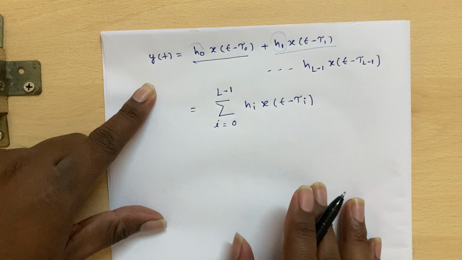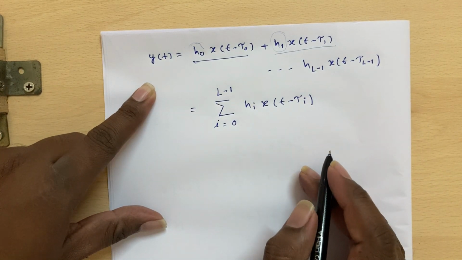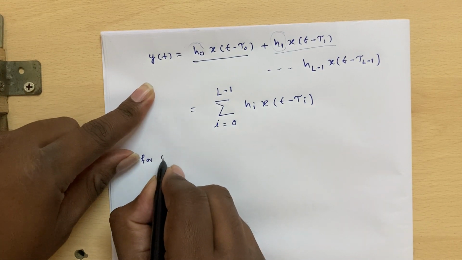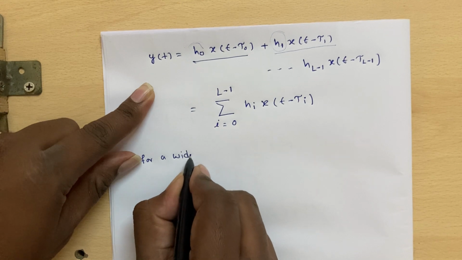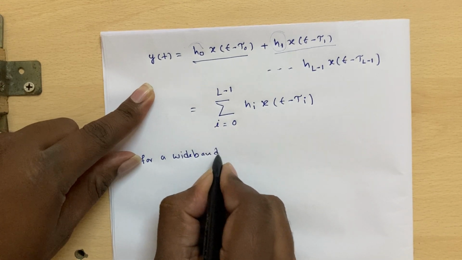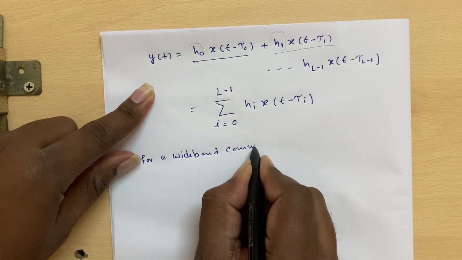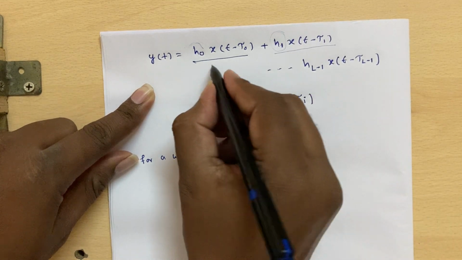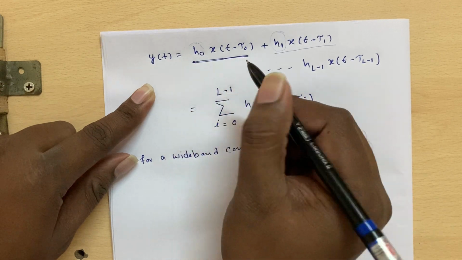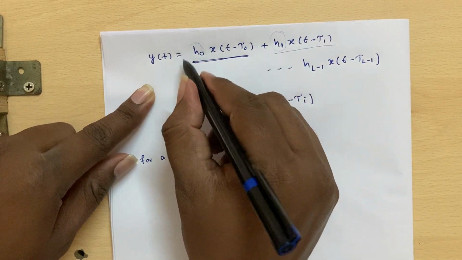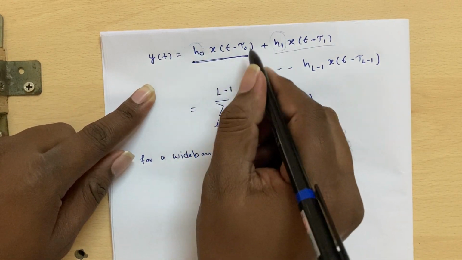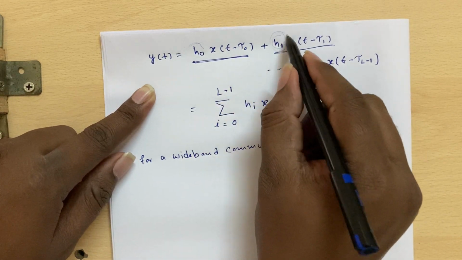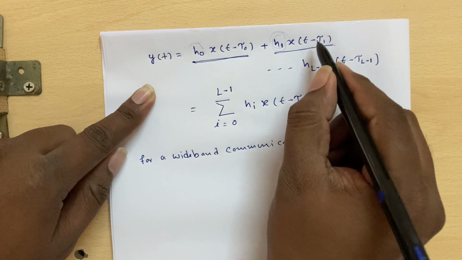So now you can write that for wideband communication, this is actually one flat fading channel. In a flat fading channel, the received signal is a complex number times x of t minus some tau hat. And this is another flat fading channel where the coefficient is changed and the delay is changed.